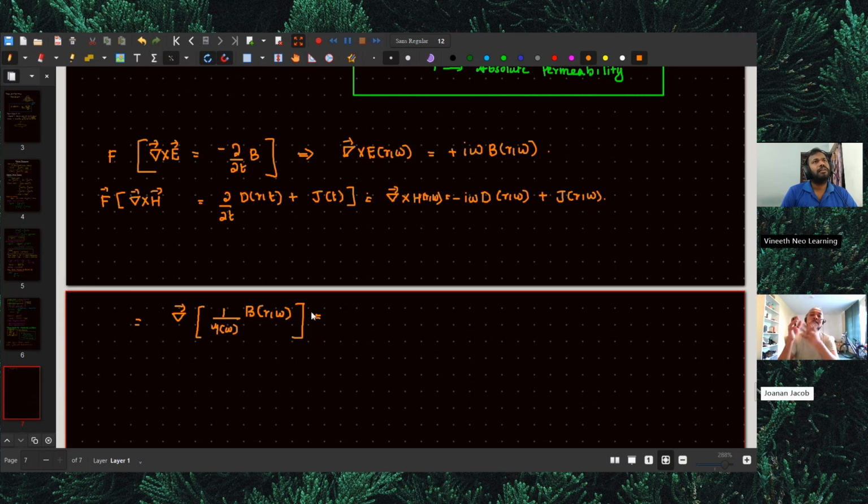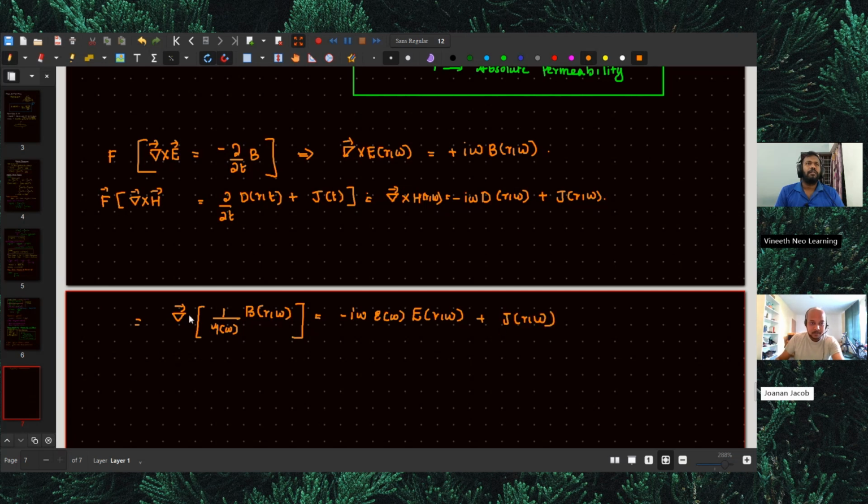Yeah, it is because the relative permittivity and relative permeability are functions of omega. So this will become i omega. What will be the value? i omega. D can be written as epsilon of omega into E of r, omega plus J of r, omega.